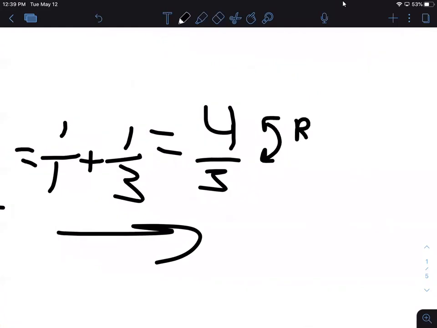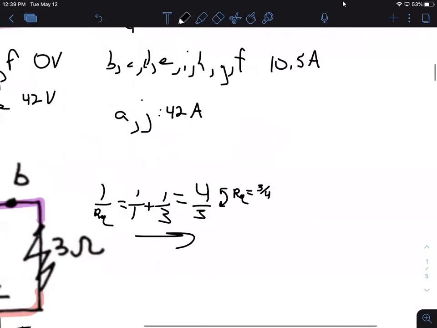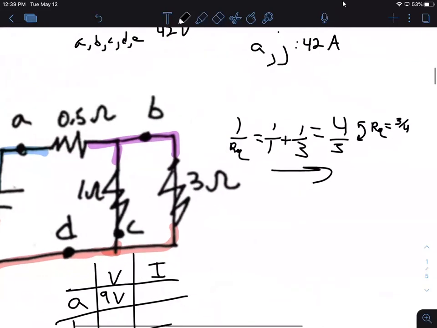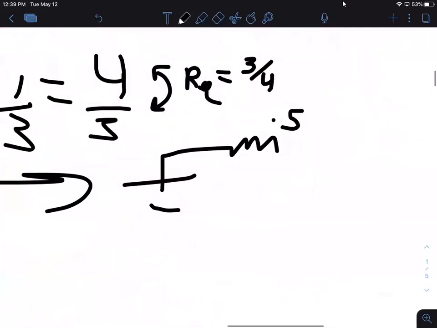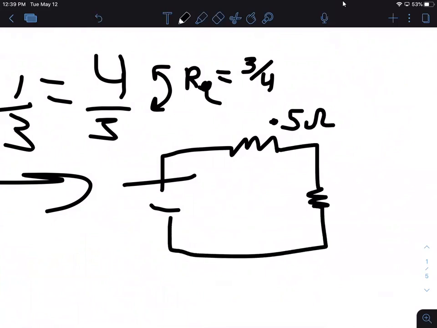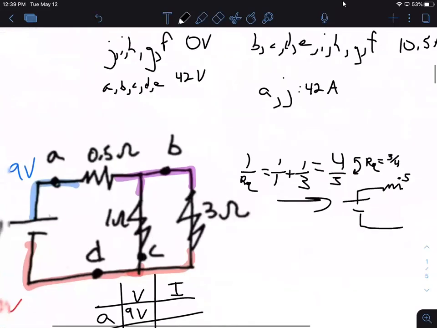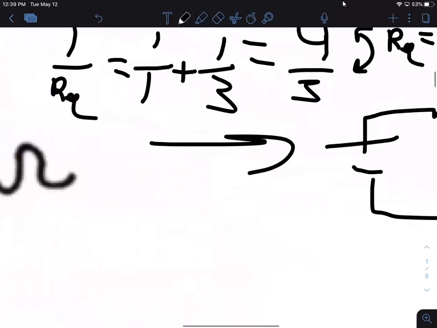So I get Req equals 3/4 ohms. So now I have this guy, which is still 0.5 ohms, and these together are now 0.75 ohms. And my battery is still a 9-volt battery.